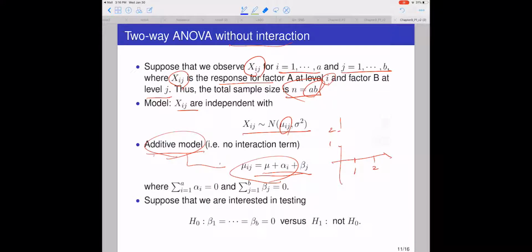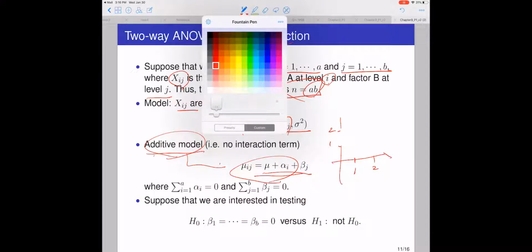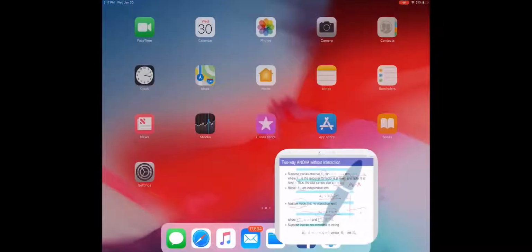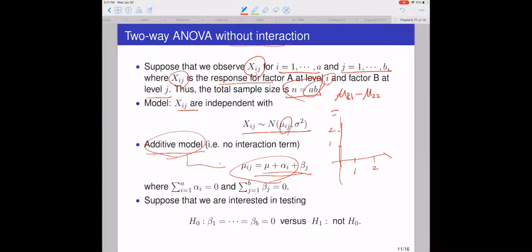Let me explain it a little bit further. Take mu 1 2 minus mu 2 2 under the additive model. For the same j, that is alpha 1 plus beta 2 minus mu, minus alpha 2 plus beta 2.